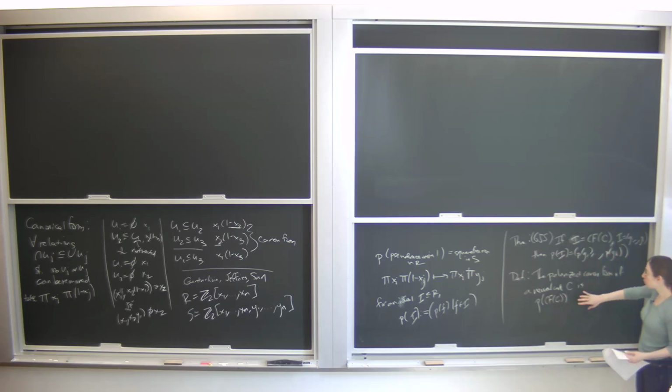We could have made the definition before. I made it now because now we know that it's something that's not too bad to write down if you have the depolarized canonical form.